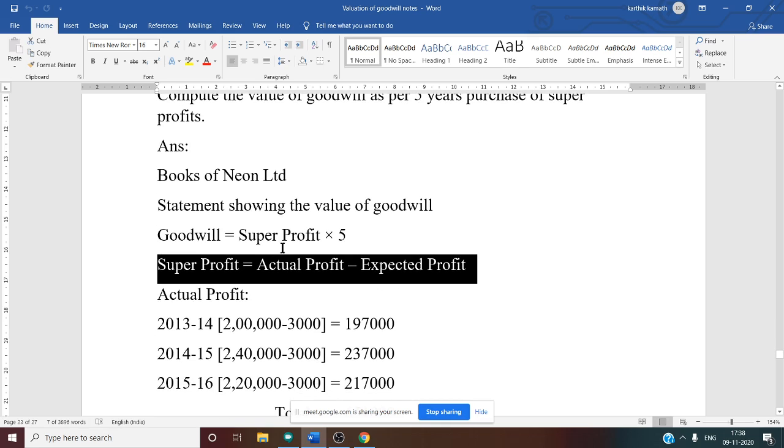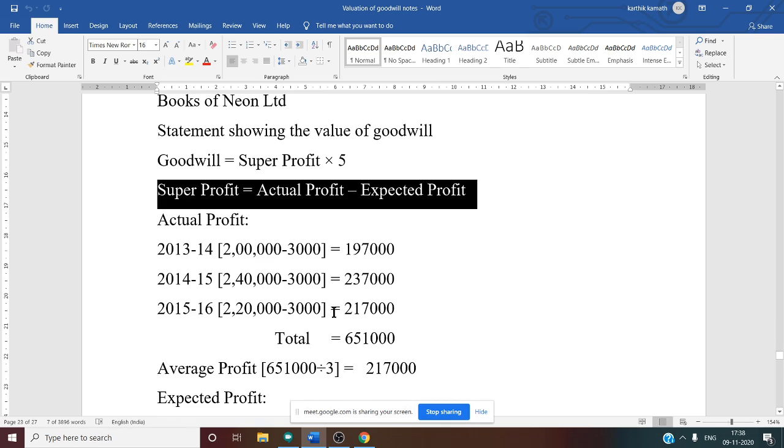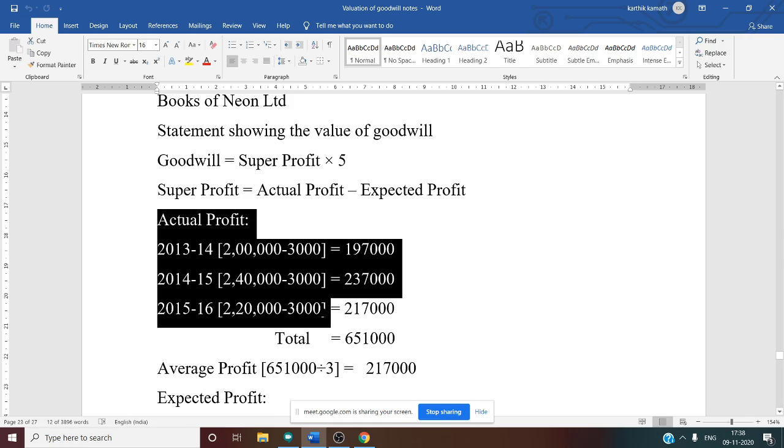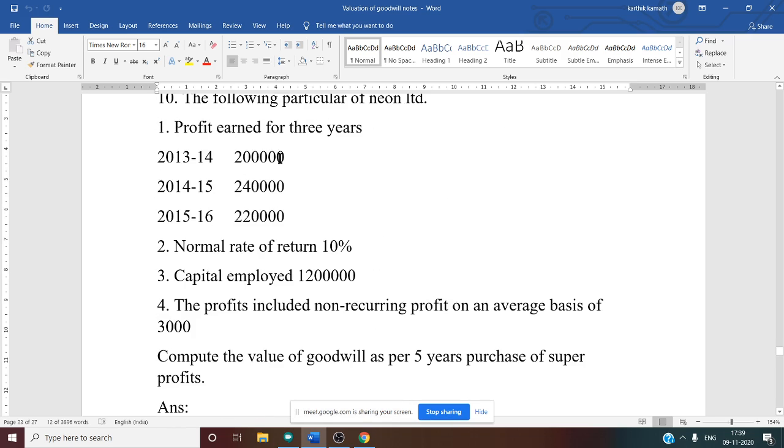First we need to calculate actual profit, and there is an adjustment. For all 3 years, 2013-14, 2014-15 and 2015-16, profit is mentioned: 2 lakh, 2 lakh 40,000 and 2 lakh 20,000.